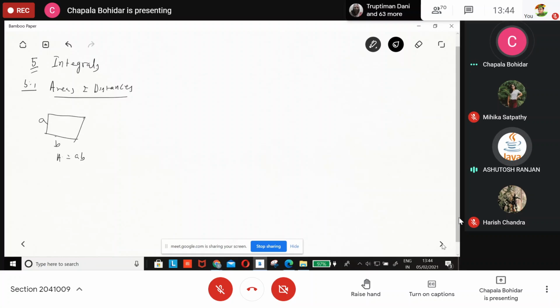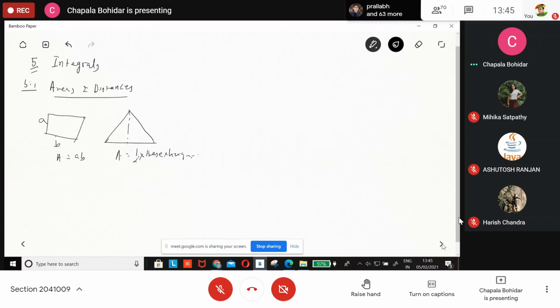Isn't it? Yes, ma'am. For the triangle, area is equal to half into base into height.